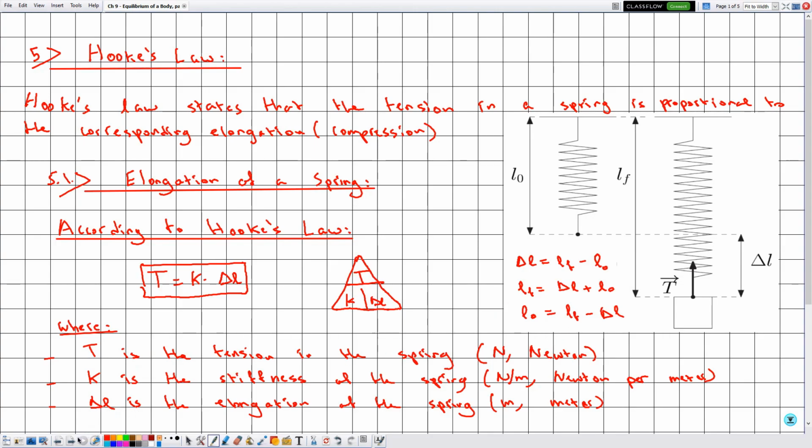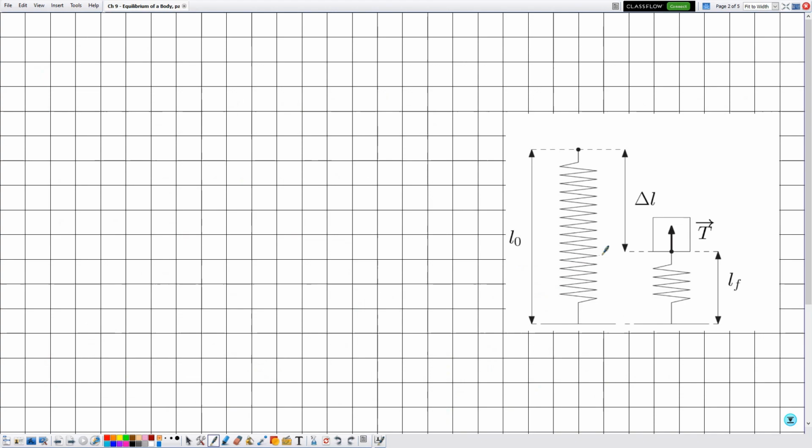Now we can also consider an interesting case in which the spring is being compressed. So let me write the title of this section, which is 5.2 compression of a spring.